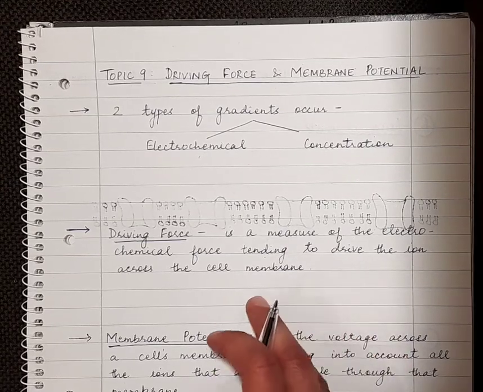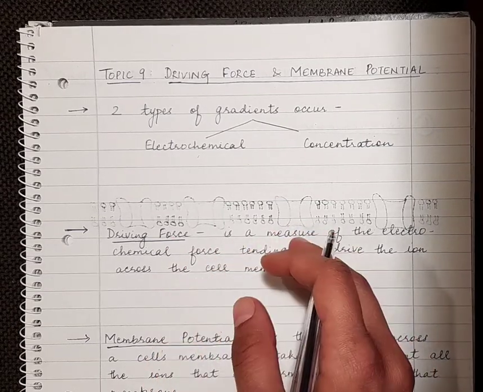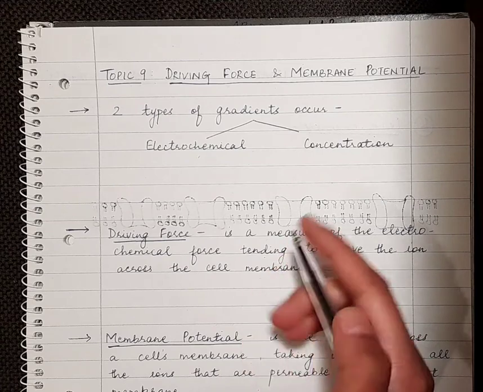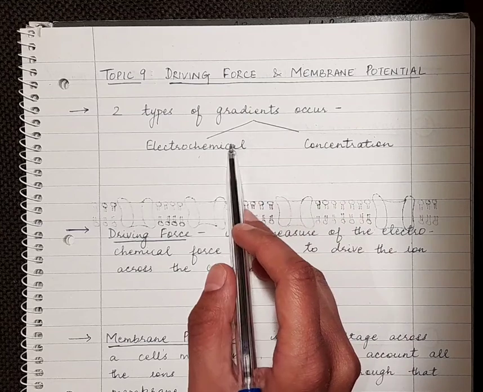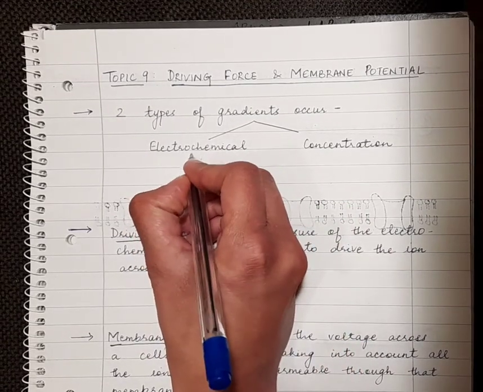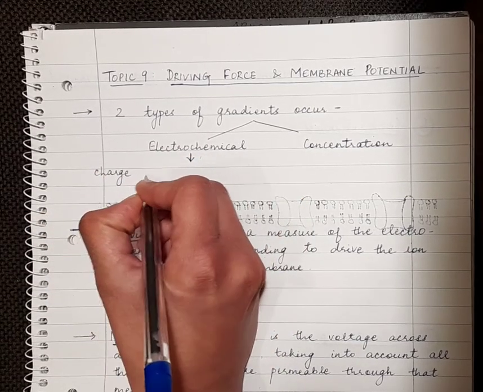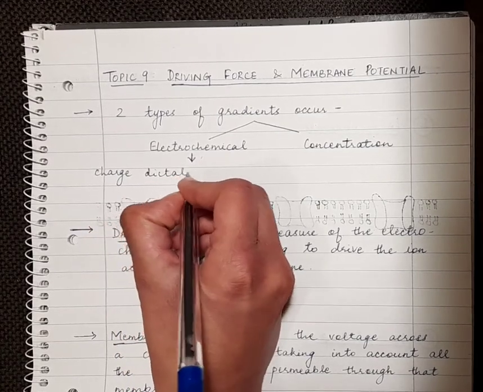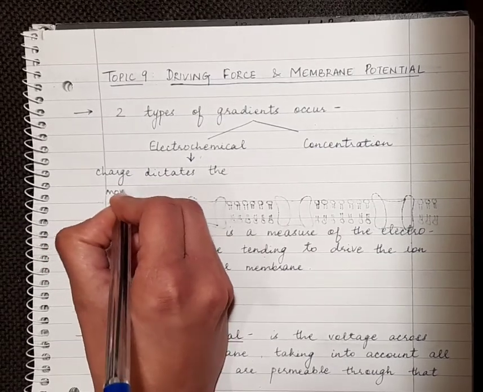As we discussed, there is a constant flow of ions across the cell membrane of a neuron. This is maintained because of two types of gradients. First is the electrochemical gradient, which is when the charge of the ion dictates the movement of the ion.